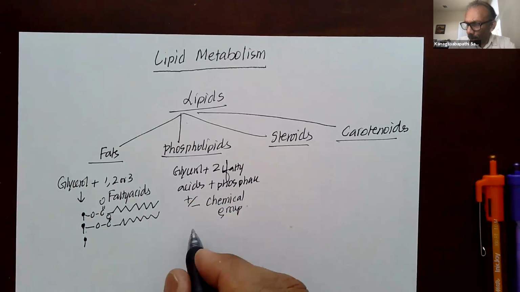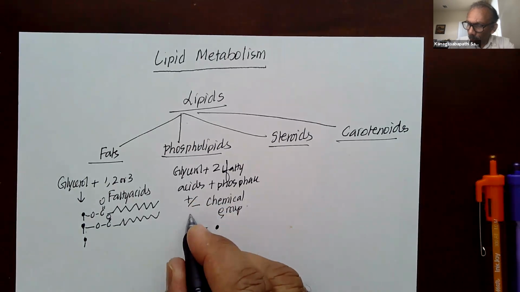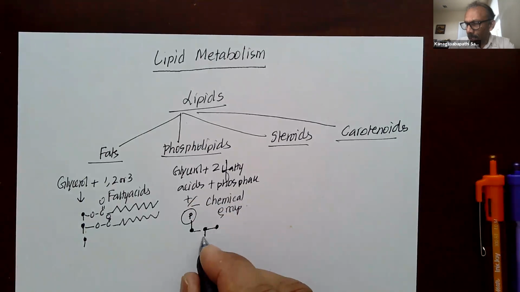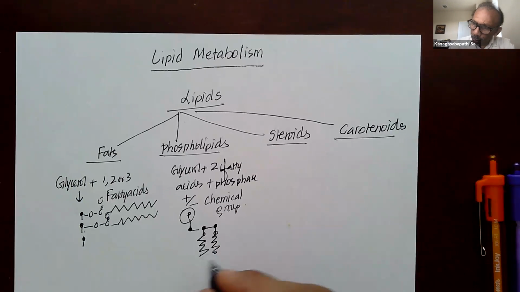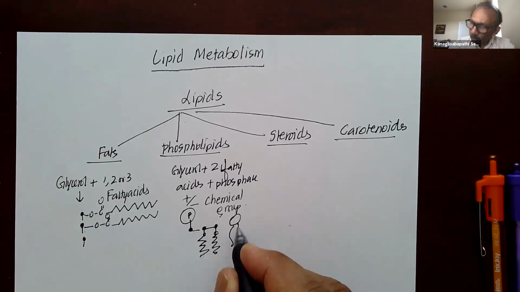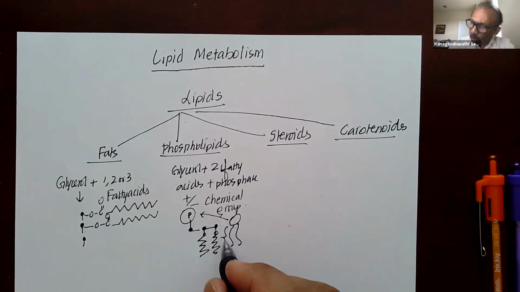If you remember, the glycerol is what is connecting everything, and it contains a phosphate, and the fatty acid side chains. This has the ester bond, and this is what a phospholipid looks like. That is the phosphate, and these are the fatty acid tails.